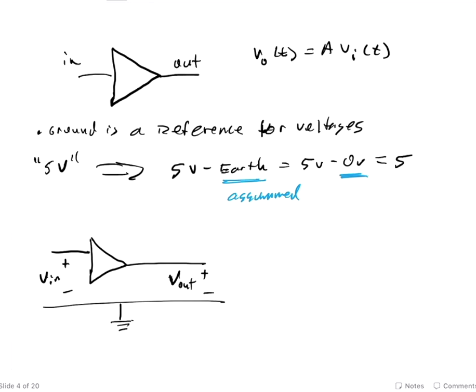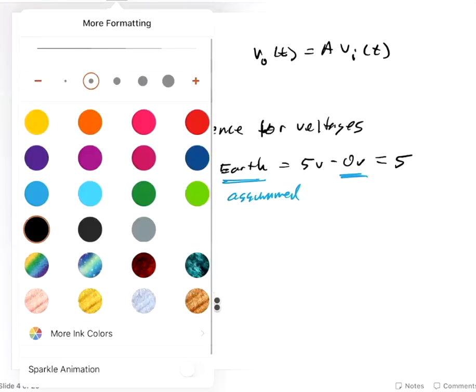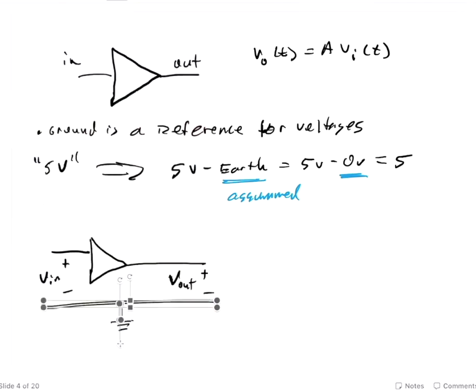That's really what a voltage amplifier looks like. We're looking at the circuit gain from output back to input, all referenced to ground, all referenced to that same signal.